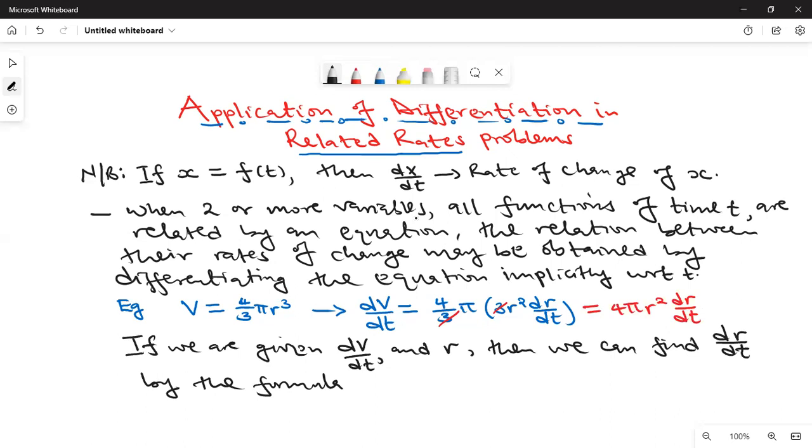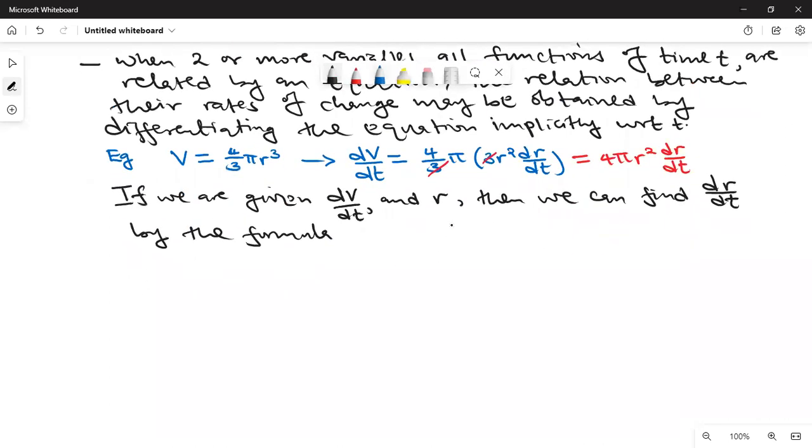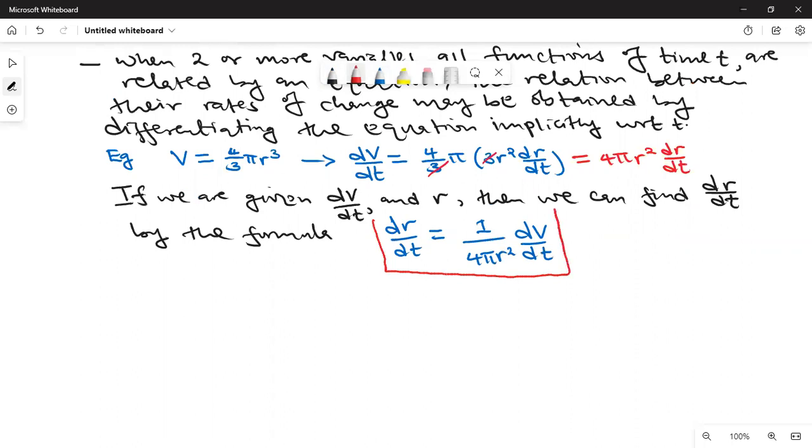We make dr/dt the subject, so dr/dt is equal to 1 over 4 pi r squared times dV/dt. So this is an example of a related rates problem. We are using the concept of differentiation to be able to find the rate of change of some variable with respect to time.